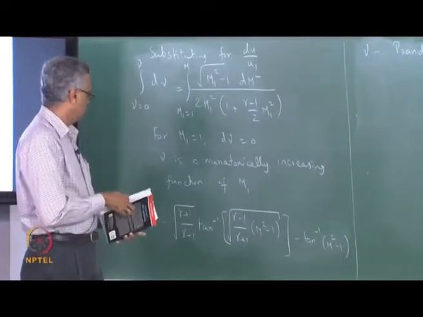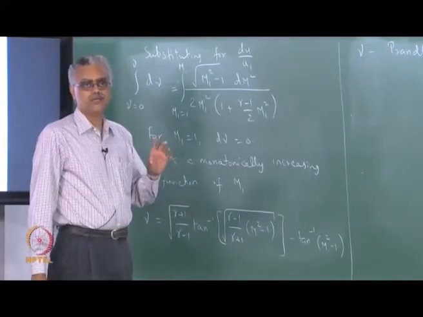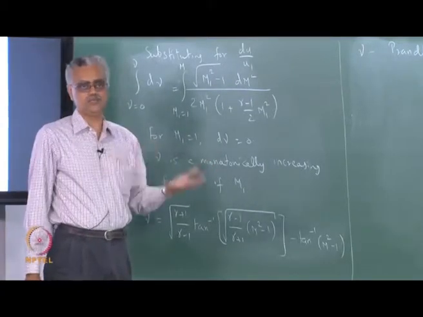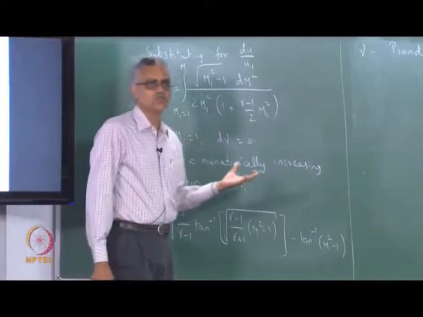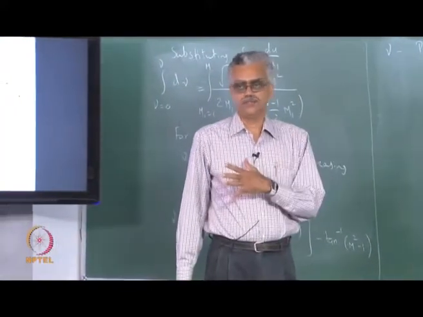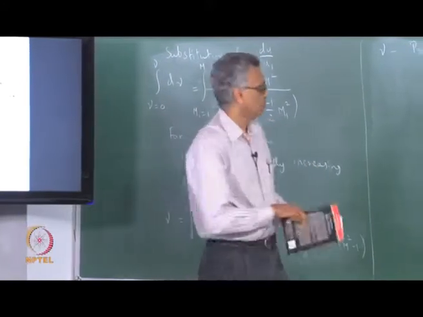Notice that since nu is a monotonically increasing function of M1, we have to make sure that we calculate the angles properly for a compressive and an expansive solution. If the flow goes through an expansion, then nu actually increases, and if the flow goes through a compression, nu actually decreases.